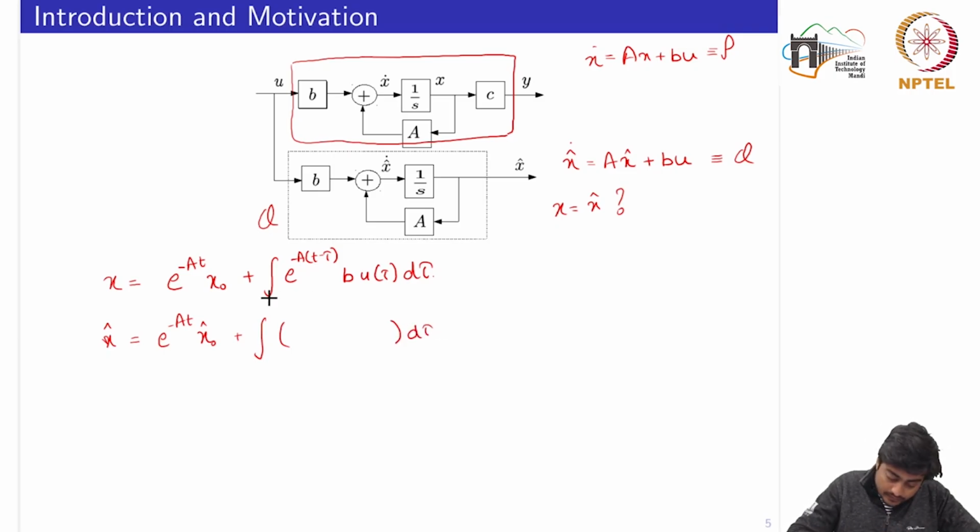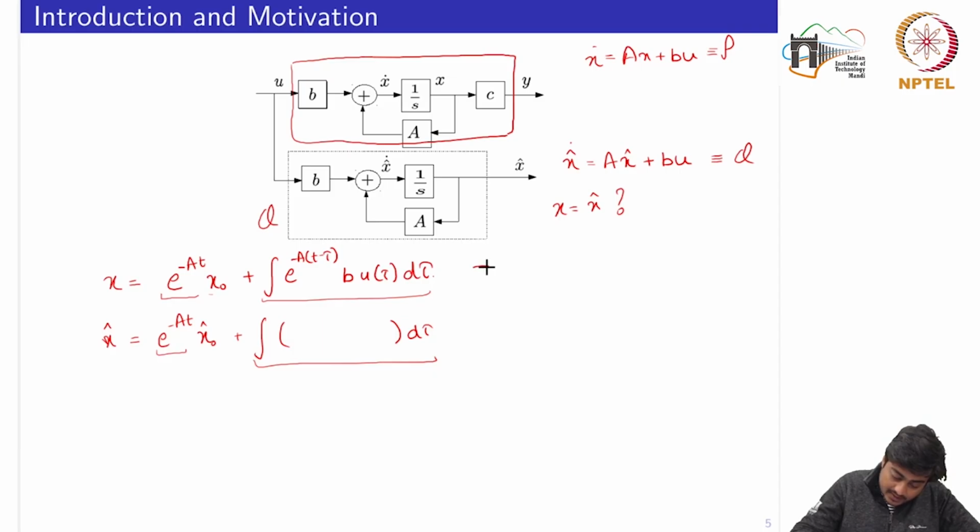Okay, so if this integral remains the same, the value of this one would also remain the same, but the only change you see here is the value of x naught and x hat naught, because this exponential would also remain basically the same.